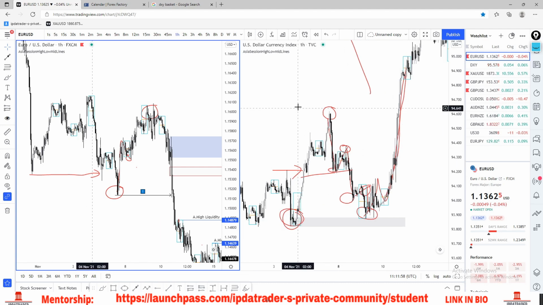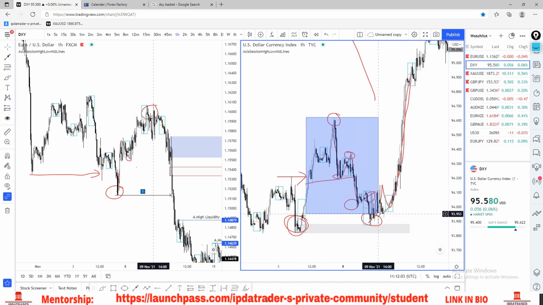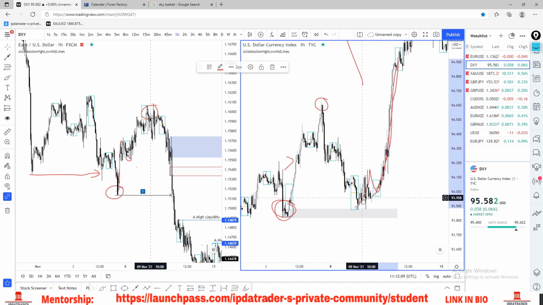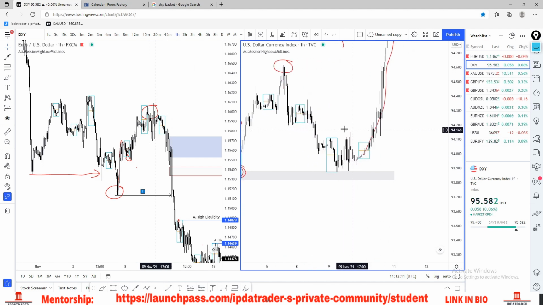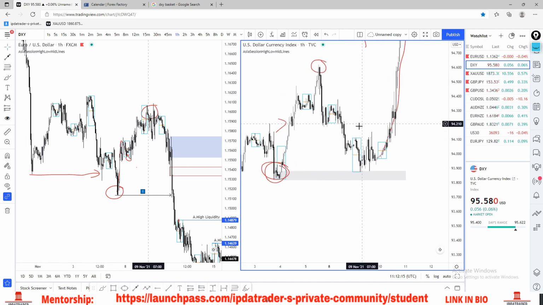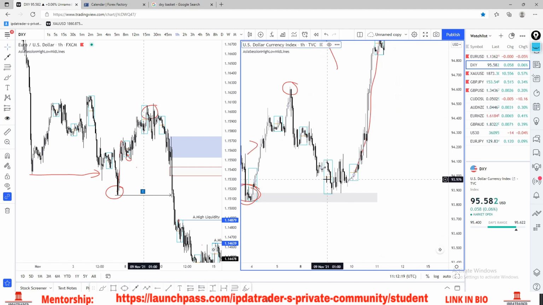And just as a little bit more information, the DXY generally follows the daily cycle theory very well. So you can also be assessing that, right? And another tip that I will give you with the DXY is that the DXY tends to shift market direction much faster, or even sooner, than the Euro USD will ever do it, right?